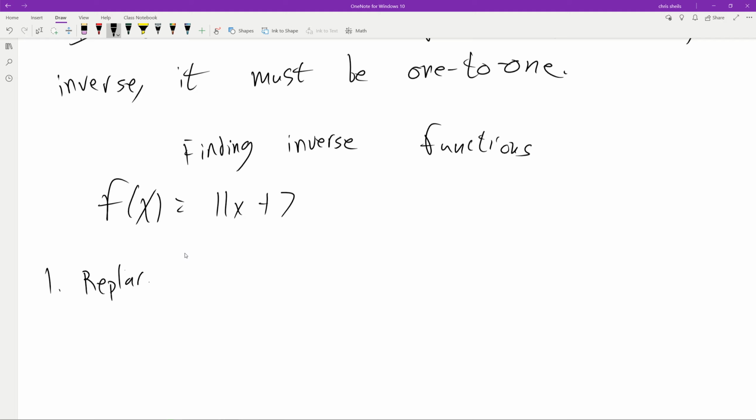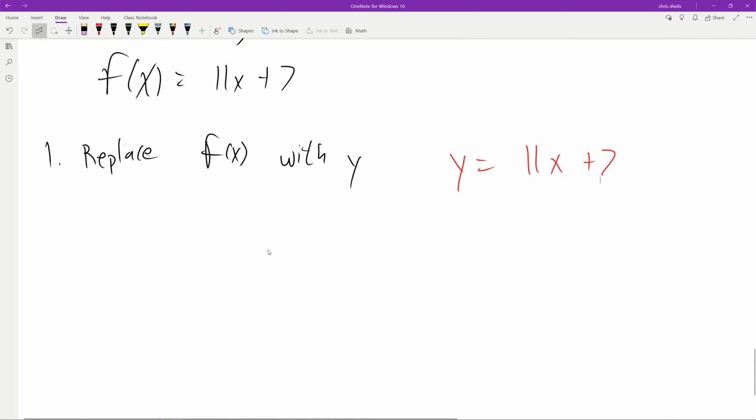This helps me see what's going on better, I suppose. So if I replace f of x with y, then this becomes y equals 11x plus 7. Step number 2, some people solve for x at this step.